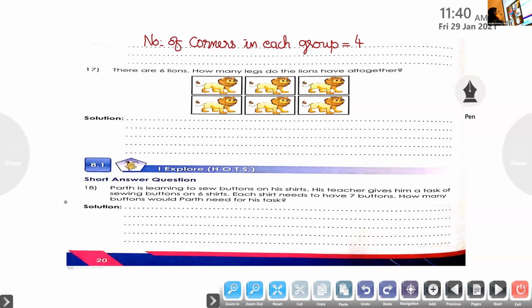I did not tell you to read the question. I told you, what should be the last statement, what I have to write over there. Number of groups, number of corners in each group. Then what should be the last one? Last statement.